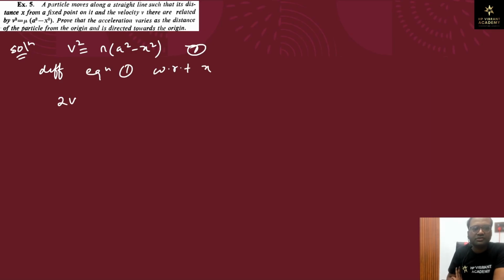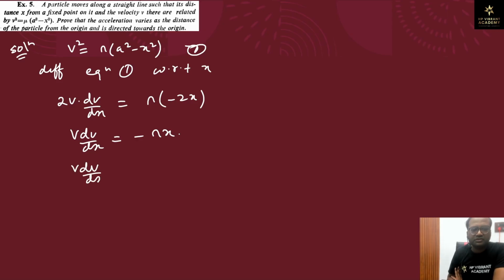So we have 2v into dv upon dx is equal to mu of minus 2x. So we have v dv upon dx is equal to minus mu x. So v dv upon dx is equal to mu into minus x. This is acceleration. So we have studied that form of acceleration.